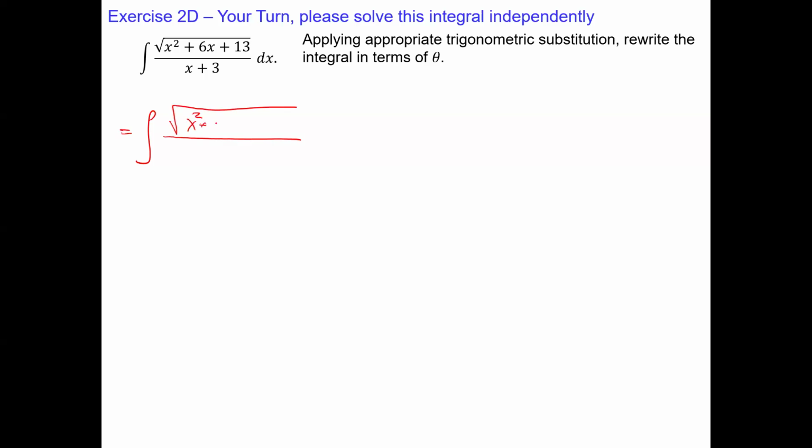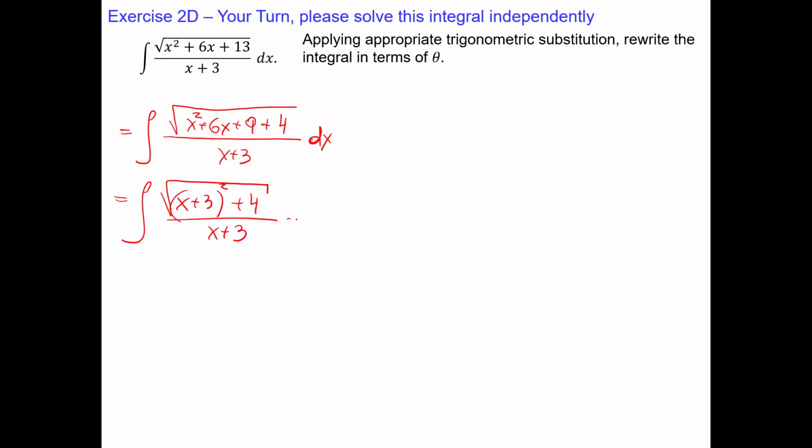We will have x squared plus 6x plus 9, because 6 divided by 2 is 3, 3 squared is 9, and then the missing number is 4 to get 13. Okay. And then we can see we have (x plus 3) squared plus 4.